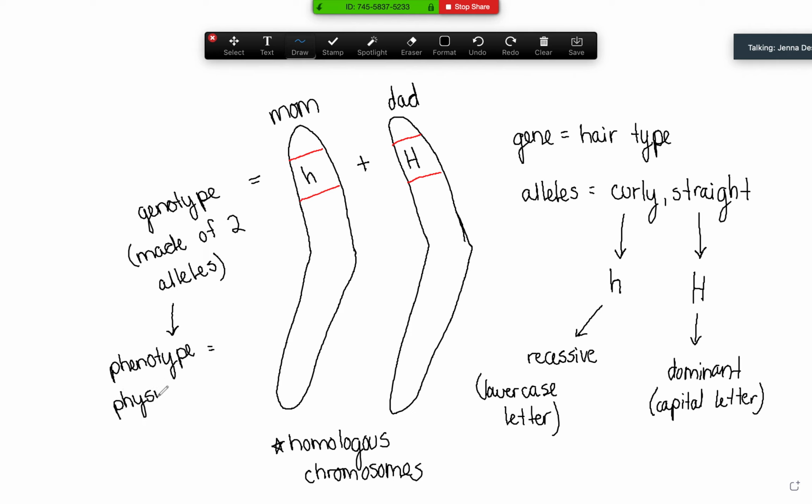Okay, so the phenotype is a physical representation of the genotype. Okay, so let's say our two alleles right here from this chromosome, I'm going to write off to the side right here, are a capital H and a lowercase h together. Okay, remember this capital H is dominant and this lowercase h is recessive.